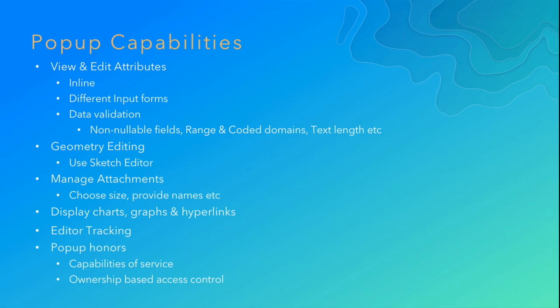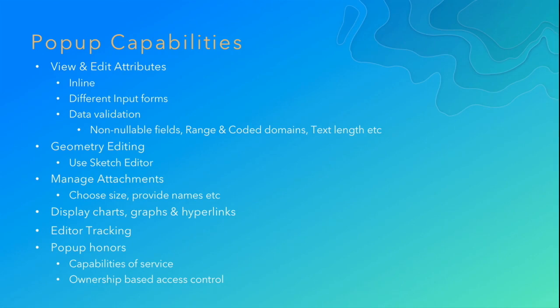And pop-up allows you to manage attachments. You can choose the size, provide names, and we saw it can be used to display charts, graphs, and hyperlinks. And pop-up also displays the editor tracking information, so it can show which user created and edited the feature and when.